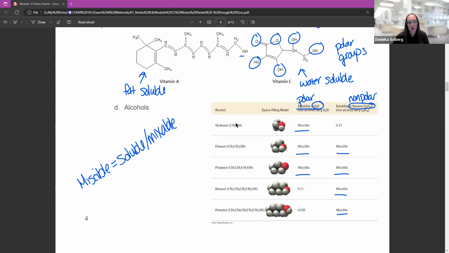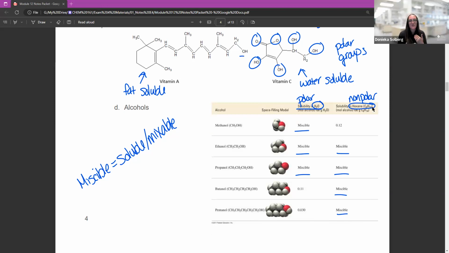So methanol is small and has hydrogen bonding, so it is miscible in water because it's polar. The bigger the molecules get, you look down here at pentanol, yes, it does have an OH, so it can do one little hydrogen bond over here, but the rest of the molecule is very nonpolar. It is not going to be miscible in water, or very, very low miscibility. It is going to be mixable in a nonpolar solvent.